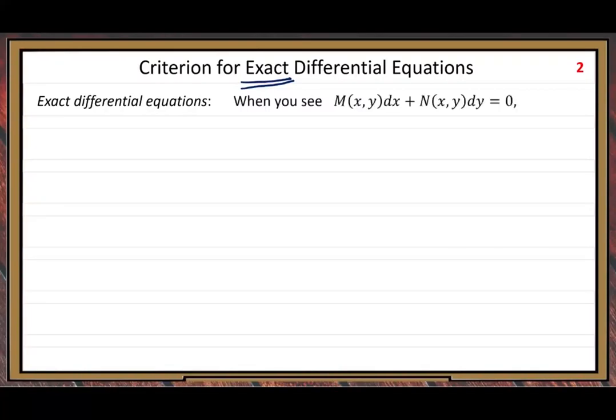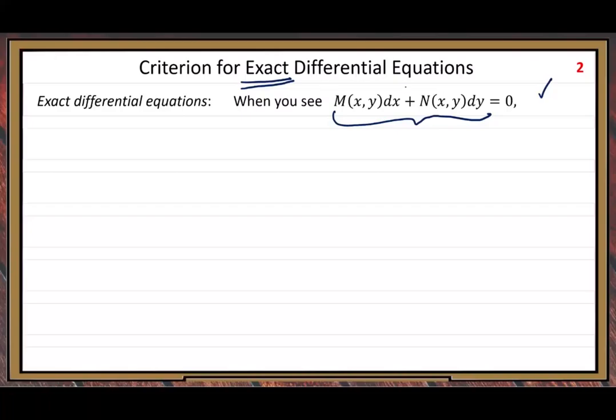When we consider a differential equation, ODE, in this form, we want to determine if the left-hand side expression is exact. What do we mean by exact? Here, the definition of exact is very simple.